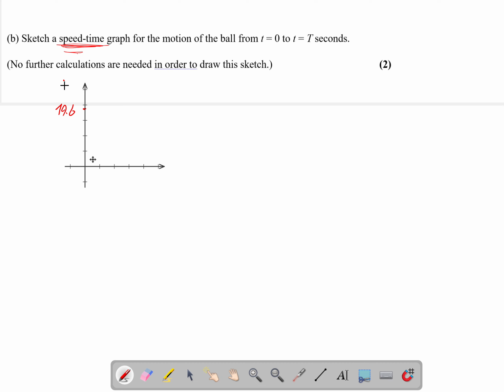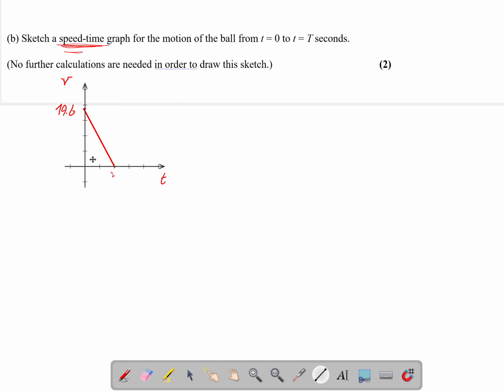You should write the velocity or speed time graph. Now, after 2 seconds, we reach the maximum height. So from this point to this point, we reach the maximum height.